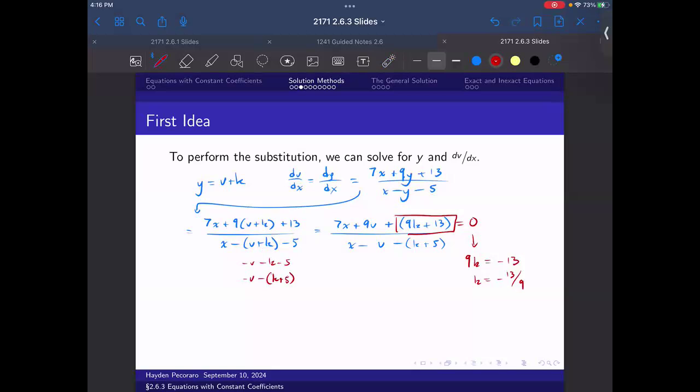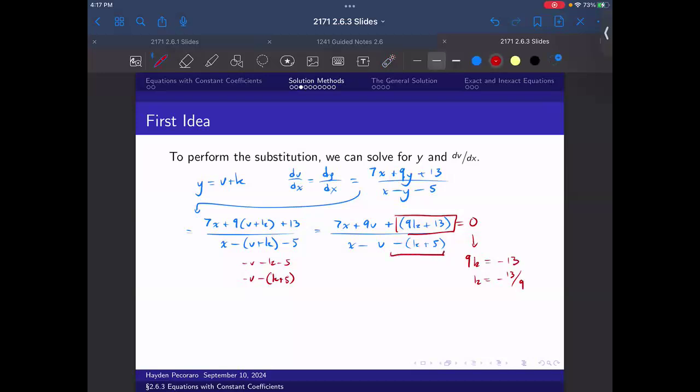Okay, so we've got a value for k. Does it work? Well, it certainly works for the top constant, makes that 13 go away. What about the bottom? I'm now out of parameters. I only had one parameter k, and I need to make sure that this also is equal to 0.